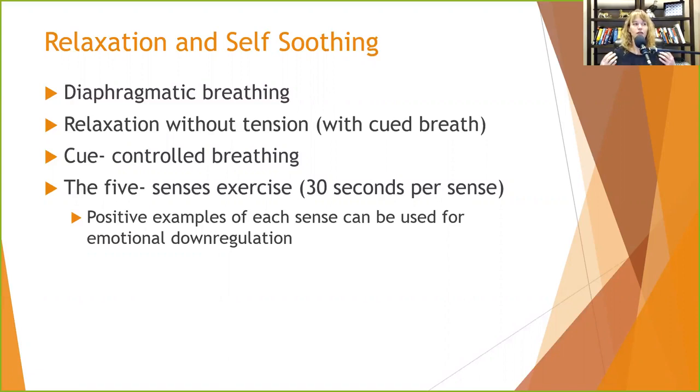Think about sounds that you really like hearing. Think about smells that you really love smelling. These can all be ways to help you focus on things that will basically trigger the brain to release the calming chemicals, because you're thinking about something pleasant instead of focused on whatever it is that's triggering the turmoil.